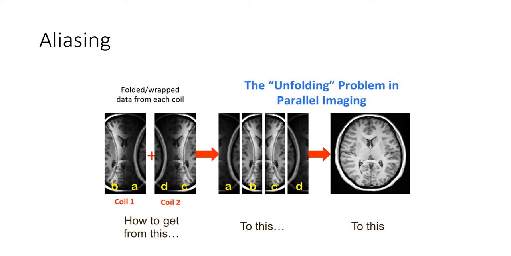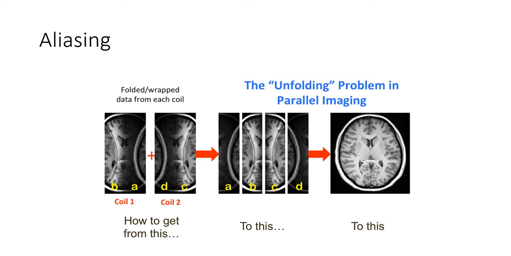Here's an image that shows how aliasing works in parallel imaging. As we can see on the left image, we have badly aliased unfolded images. We see two images coming from two different coils. Obviously in practice there are usually more than two coils, but that's not the point.